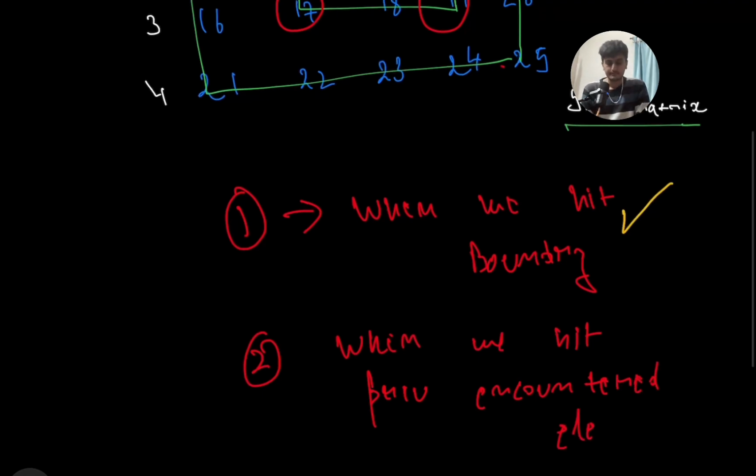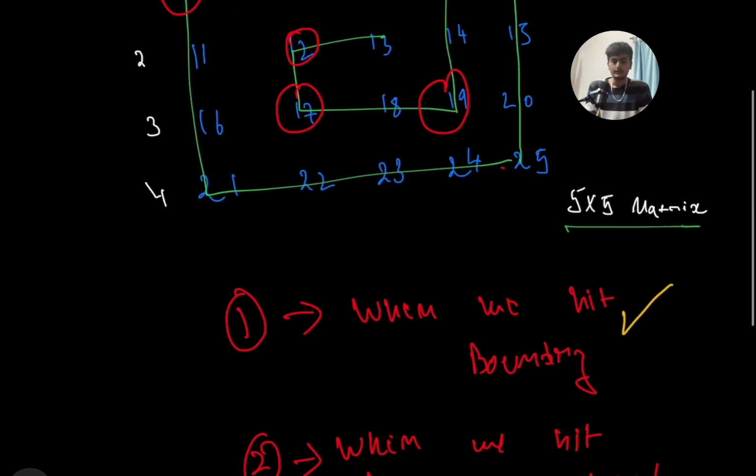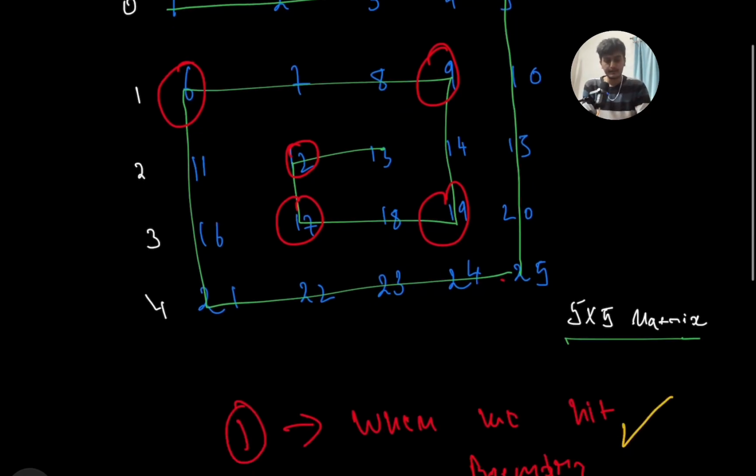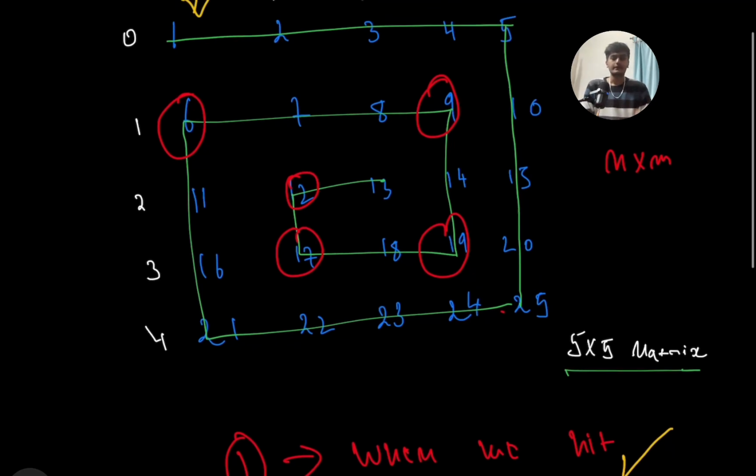That's it. Now we can solve this question. One more thing: till what time are we running inside the matrix? It is n cross m times. Now let's jump into the coding part and see all this in action.